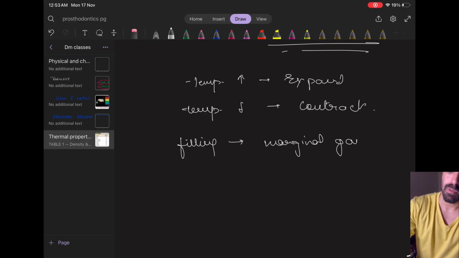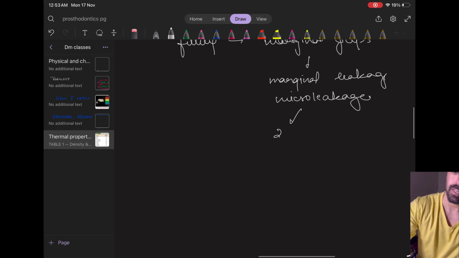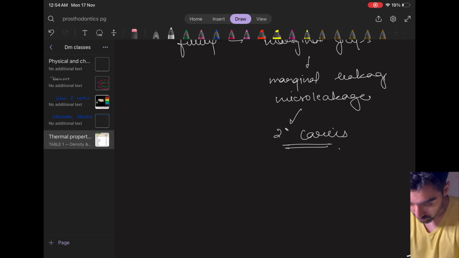Whenever there are marginal gaps, there will be marginal leakage, or a better term, microleakage. This microleakage is responsible for secondary caries, meaning the caries which happens after the previous caries had been removed. This is important to understand.